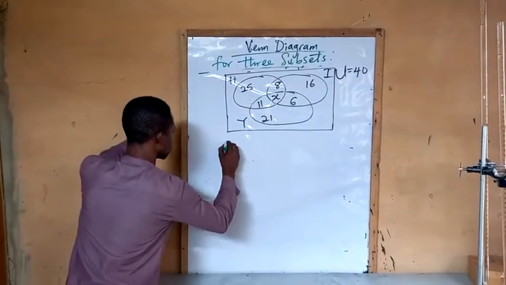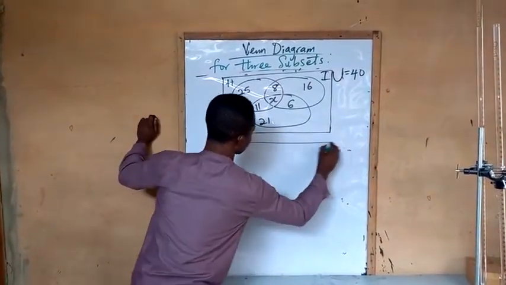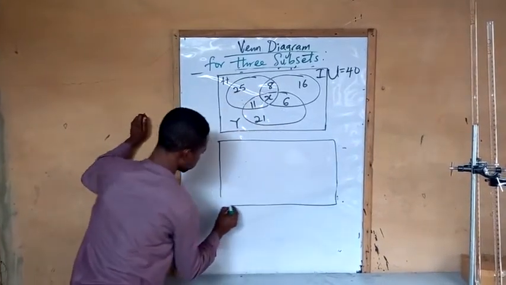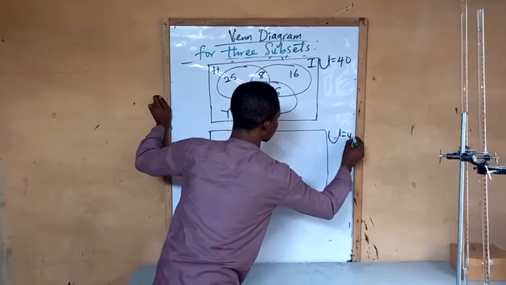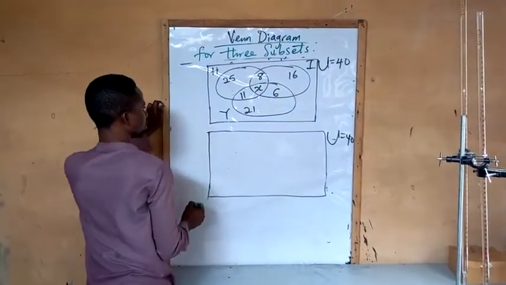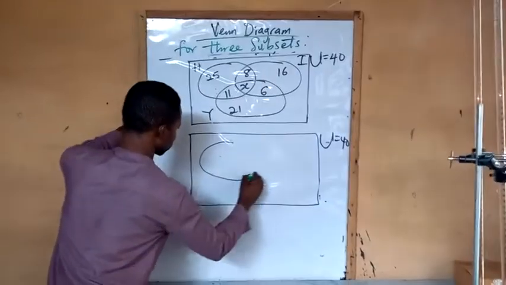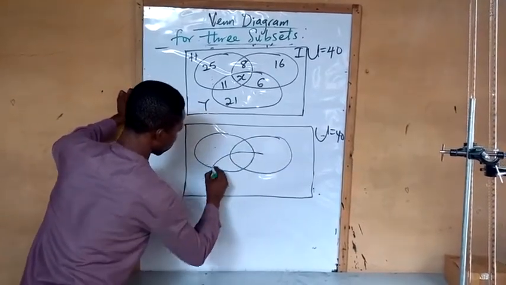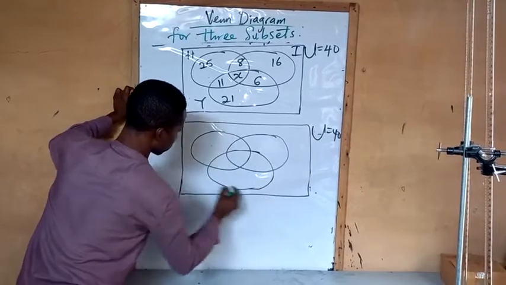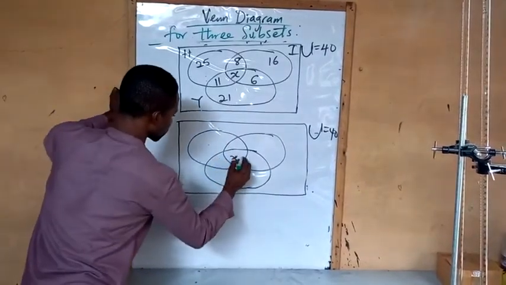Now, let's draw our real diagram. Our universal still remains 40. So the X is here.